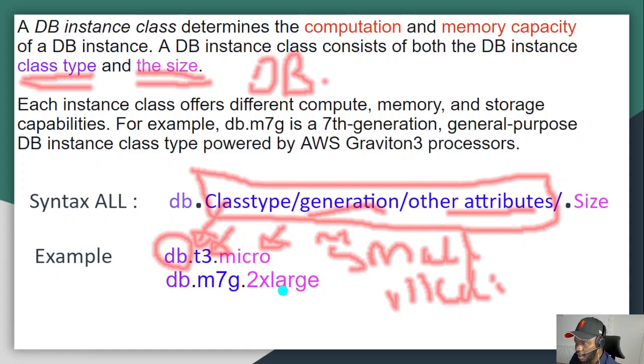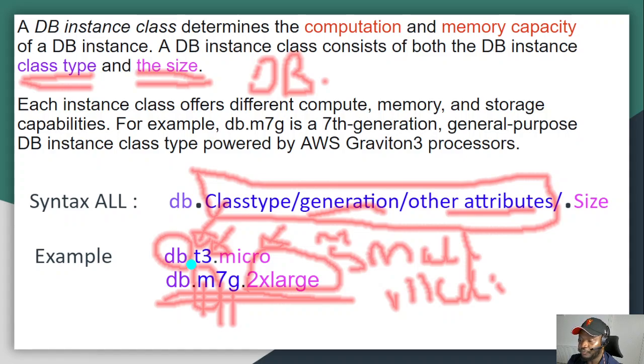Let's take a second example. If I see an RDS instance that is db.m7g.2xlarge, I understand that this is an RDS instance class, and the instance class type is M. Remember from our console, these are balanced instances, with a balance of memory and compute.